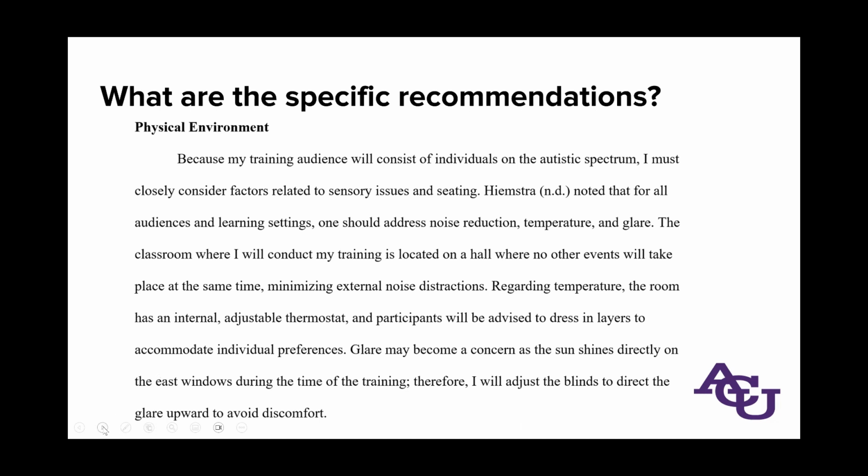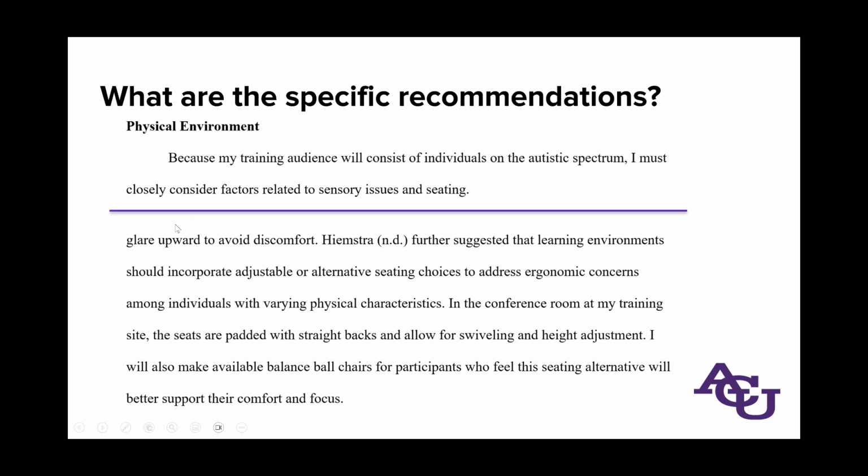And I'll give you another example for the rest of the paragraph, because in my first sentence, I mentioned sensory issues, but I also mentioned seating. So to explain that, I'm going to go back to Heemstra again. Heemstra and D further suggested that learning environments should incorporate adjustable or alternative seating choices to address ergonomic concerns among individuals with varying physical characteristics.